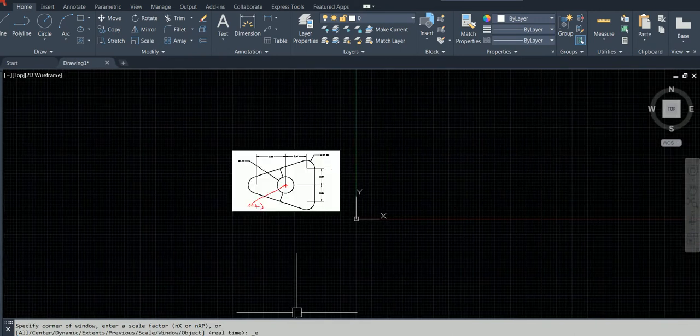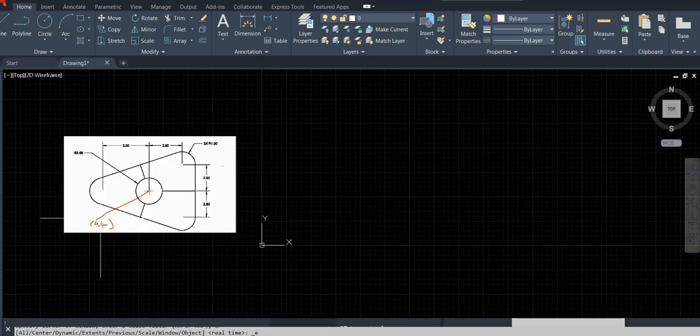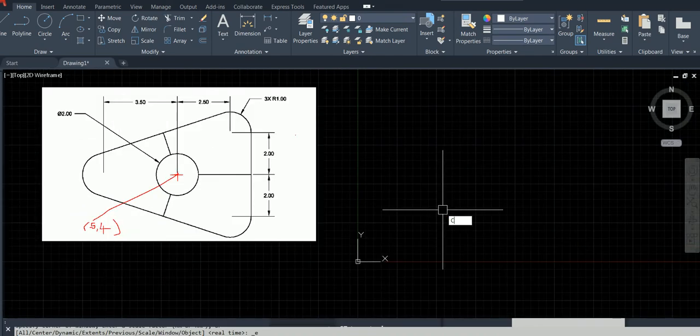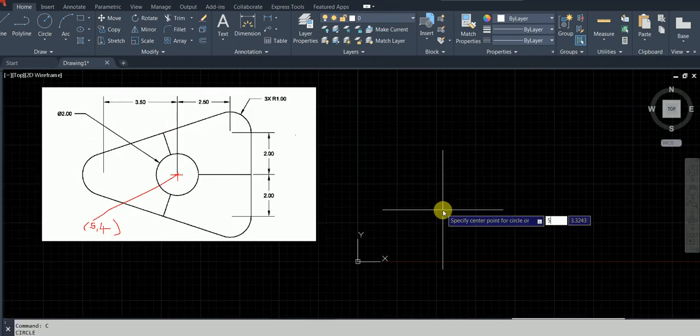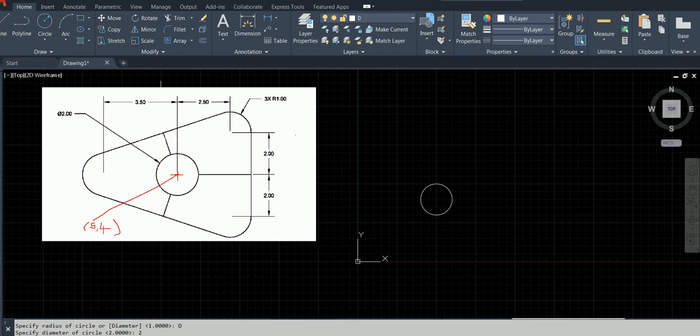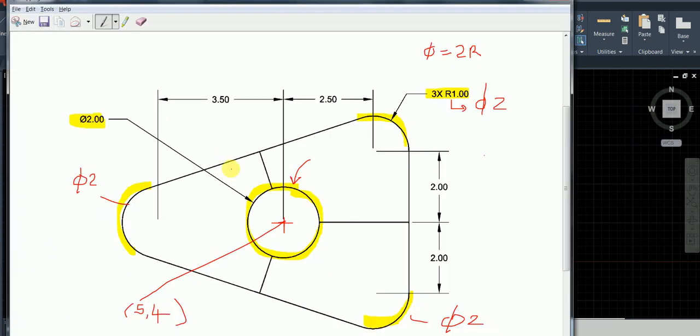Okay, just a second. So what we'll do is 5,4 circle, 5,4. Okay, diameter 2 units. This is done. Okay, let's say this is done. Which one? First circle is done.